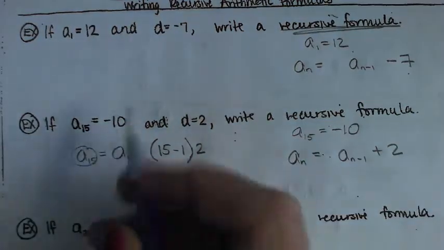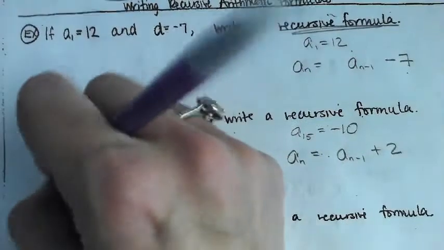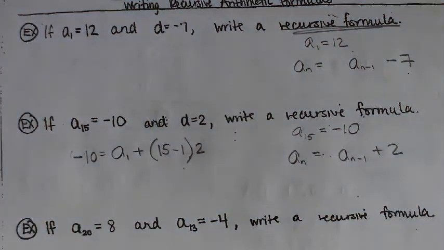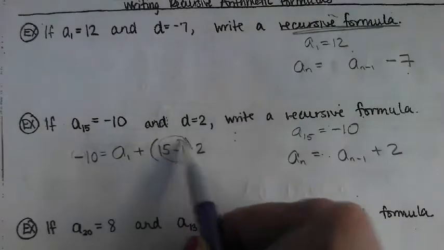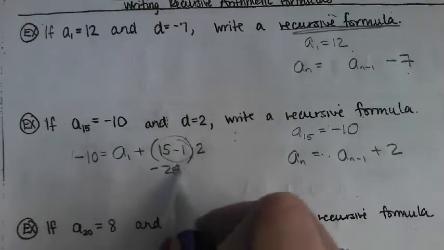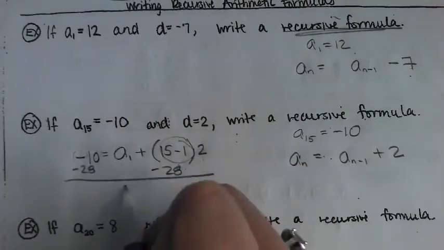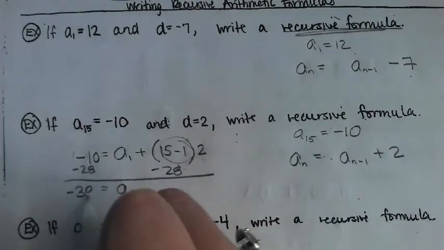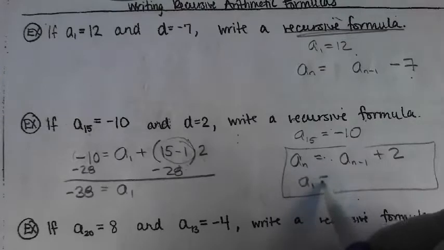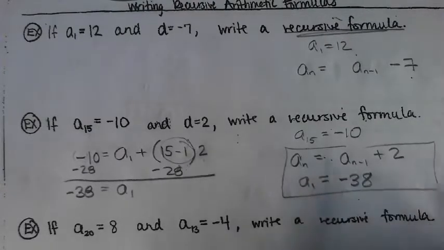And a sub 15 is negative 10, so I can just take that out and put a negative 10. So this is 14 times 2, which is 28. Are you all with me there? 14 times 2 is 28, so subtract 28 from both sides. And a sub 1 is negative 38. So there's a different camp of people that would say that you're required to have a sub 1 equals negative 38.